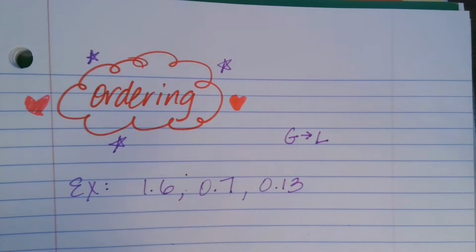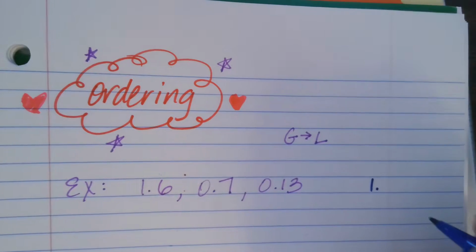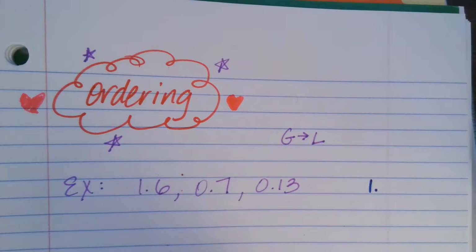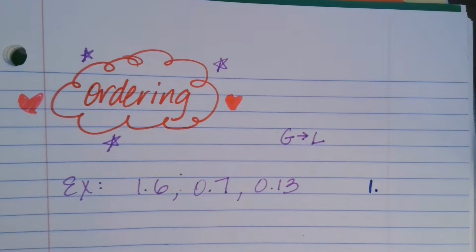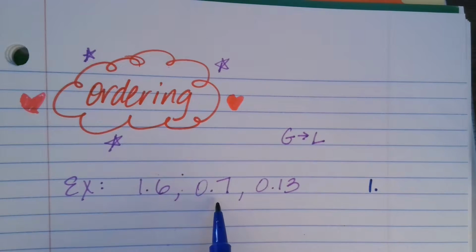All right, so the first thing we want to look at when we are checking these numbers out is what? What am I going to look for first? I have to decide which of these goes first, which is the greatest decimal of all. Look at the decimals that we have. Nehemiah? 1.6. Yeah.